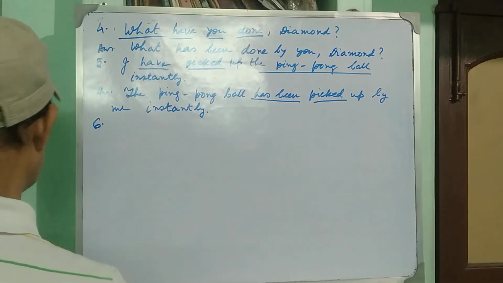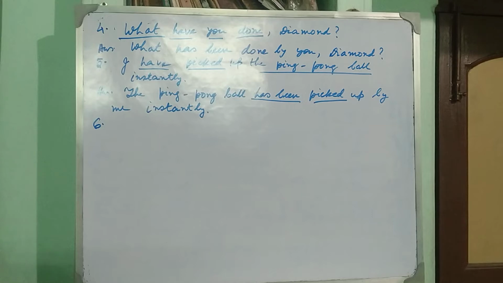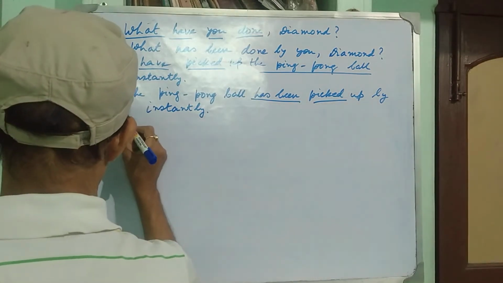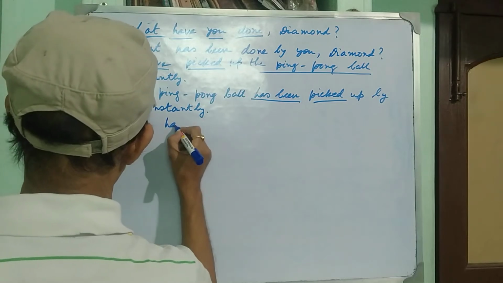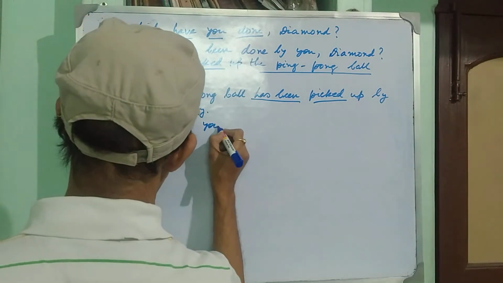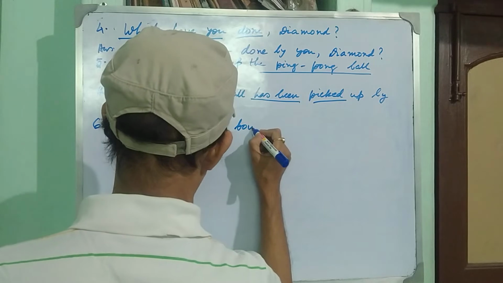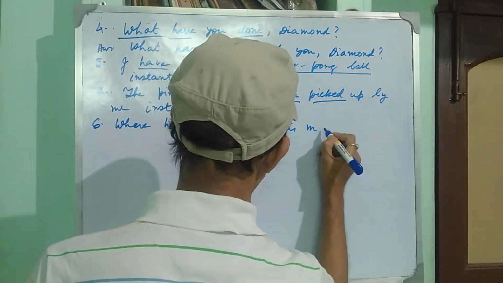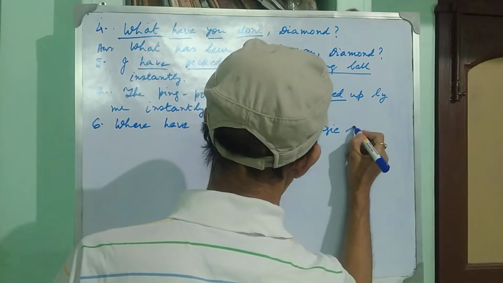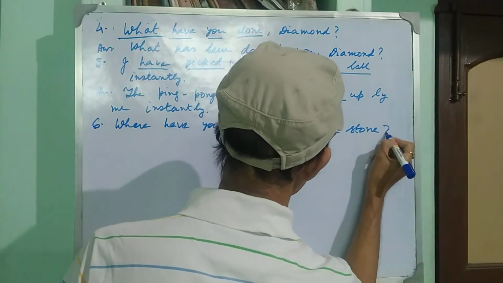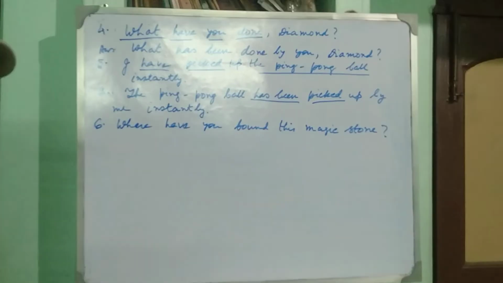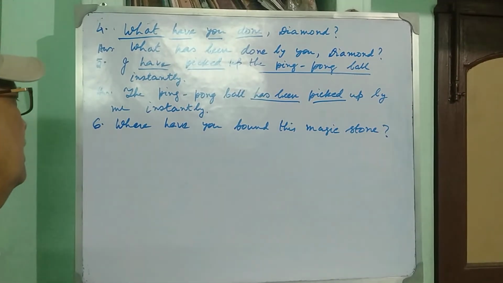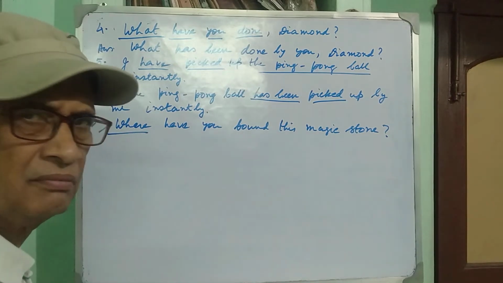Now come to the sixth example. Where have you found this magic stone? It is an example of an interrogative sentence in the present perfect tense. So where remains where.